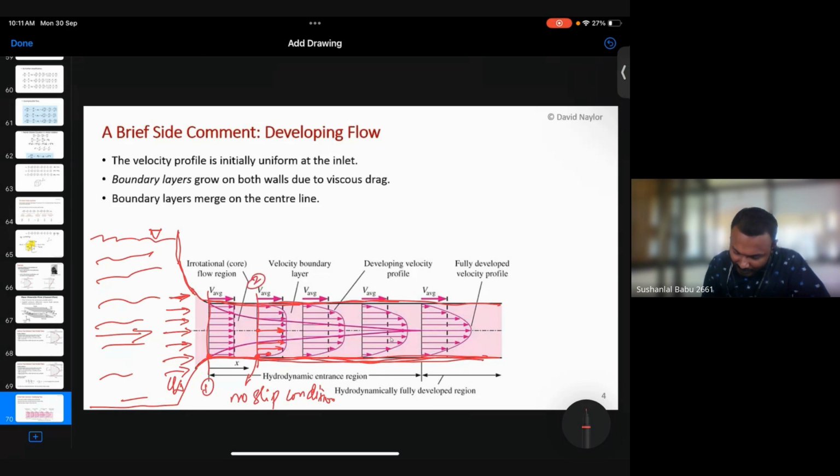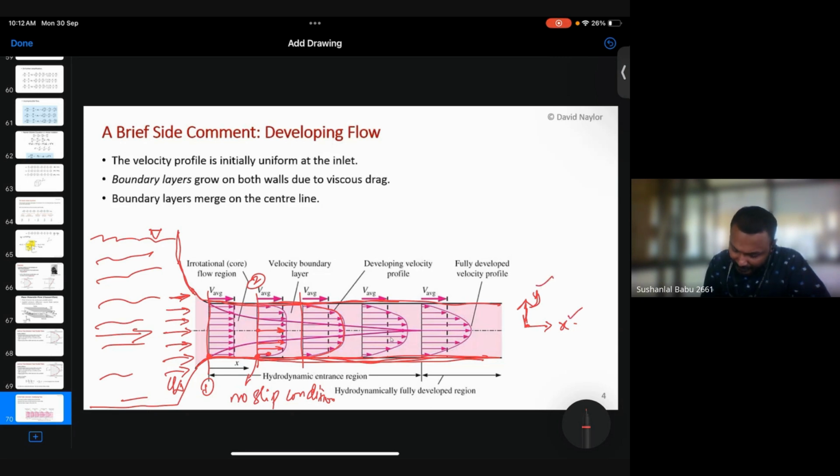This is the second cross section, and if you take the third cross section, the velocity profile is again gradually changing in both directions. If this is the y direction, this is the x direction. So the velocity profile is changing with respect to x as well as y in the developing region.